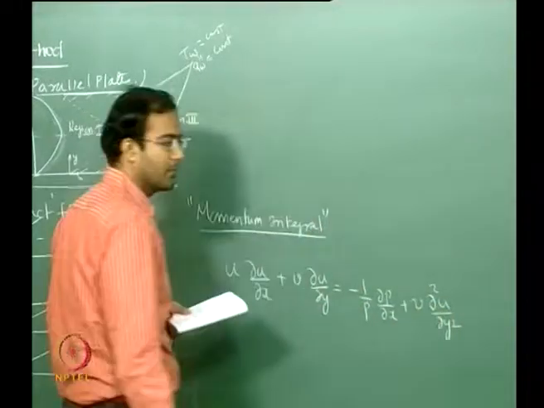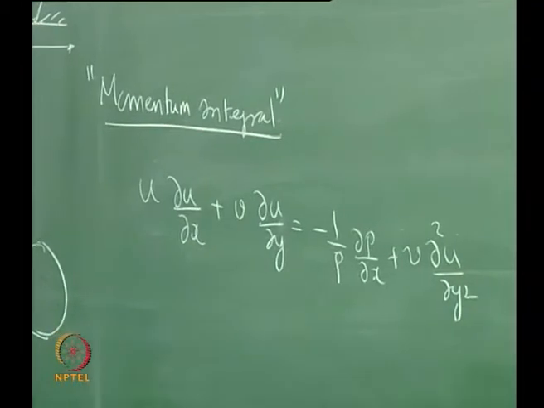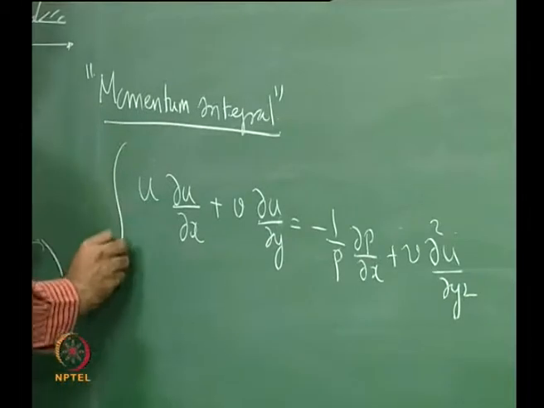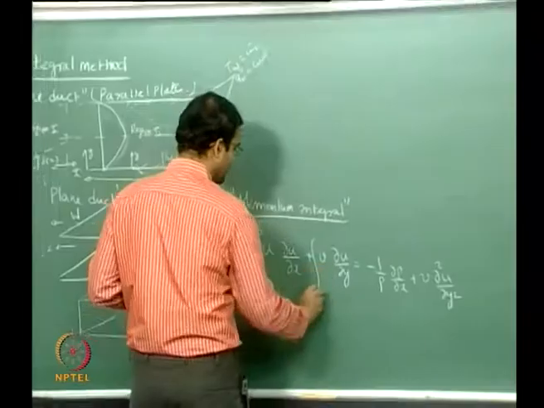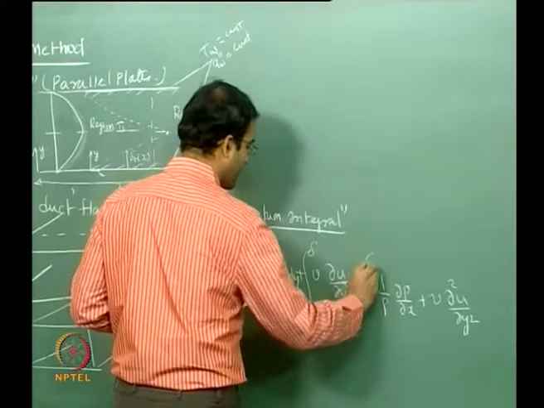This is your boundary layer momentum equation, without the viscous dissipation term. Now you integrate this from 0 to delta dy, and you get your momentum integral equation.